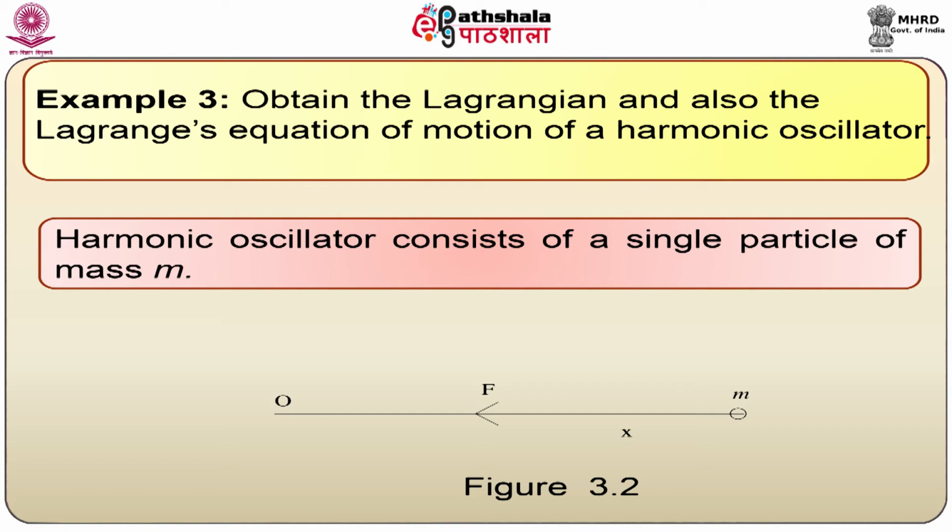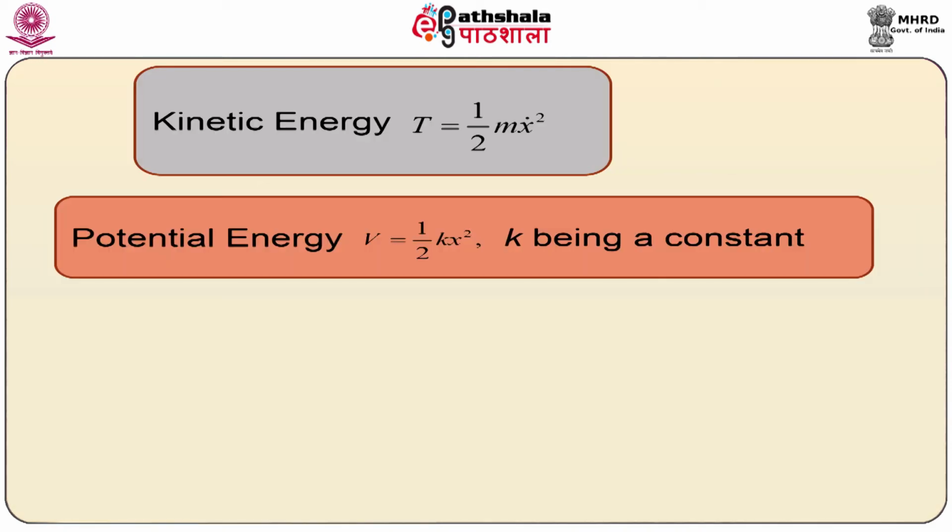Here the dynamical system is of 1 degree of freedom, since we are considering a system containing a single particle. The only generalized coordinate is x. Let us calculate the kinetic energy.